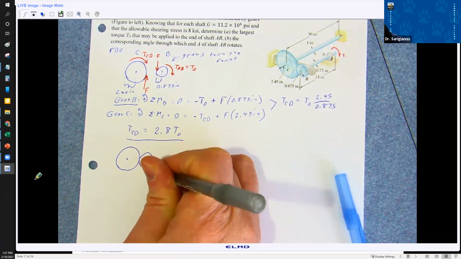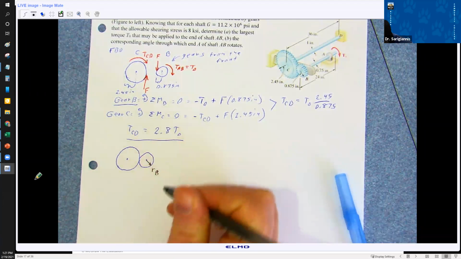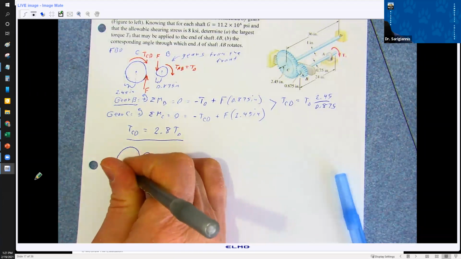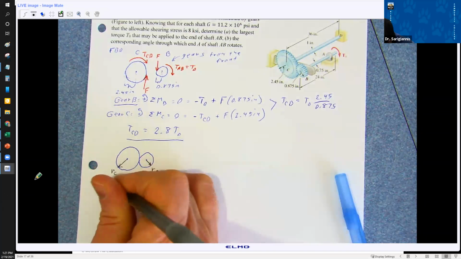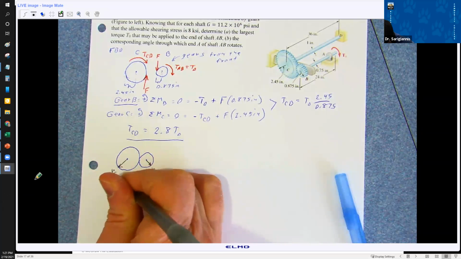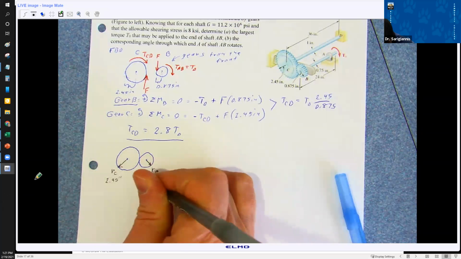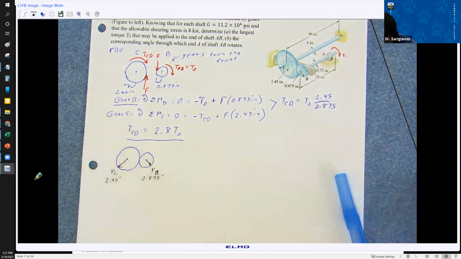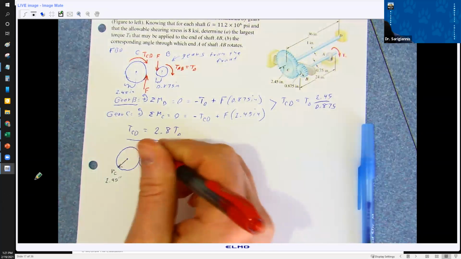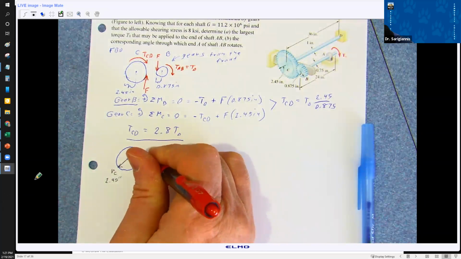This is RB, and this is RC. And remember, these are 2.45 inches and 0.875 inches. What I want to do here is draw in an angle.